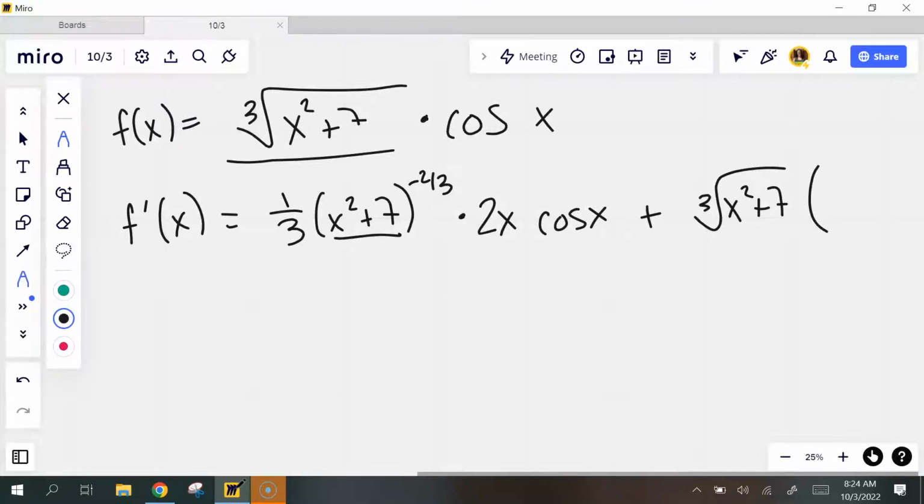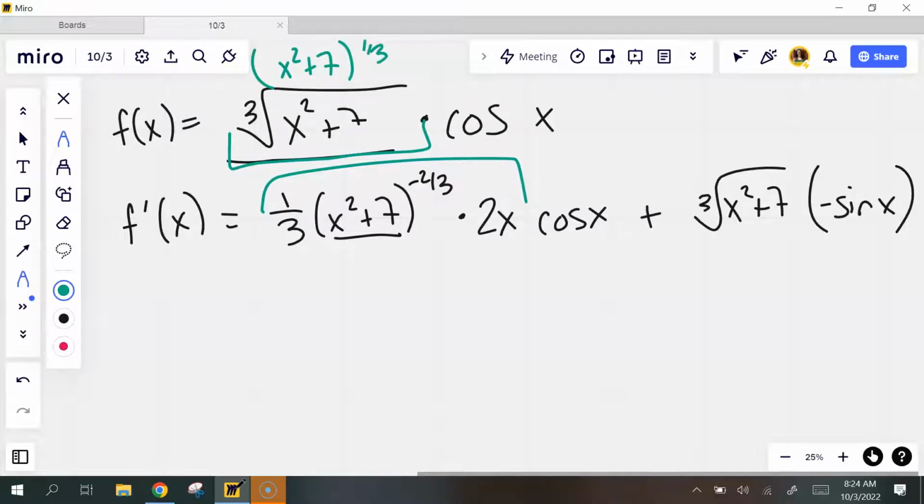What's derivative of cosine? Negative sine. So all of this is derivative of the first. So I changed this to x squared plus 7 to the 1/3. Then I did power, and then I did chain.